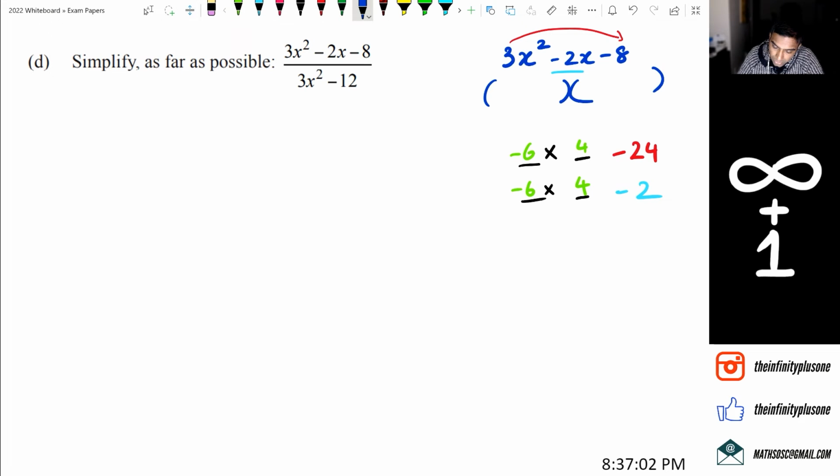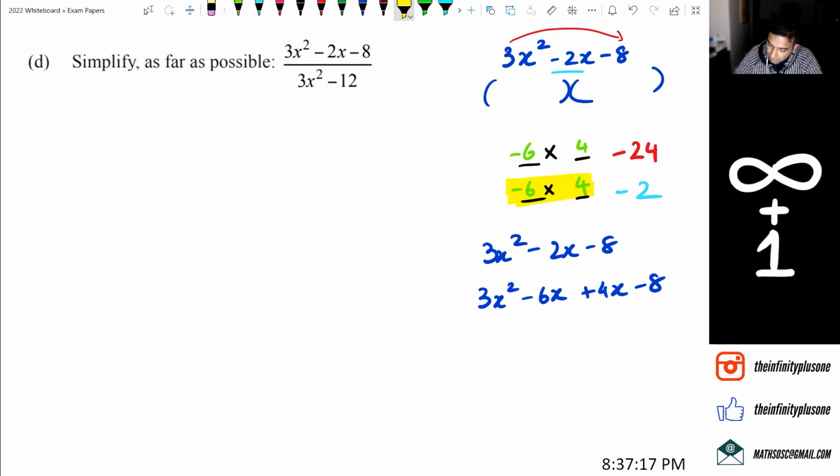So I'm going to rewrite 3x squared minus 2x minus 8 as 3x squared minus 6x plus 4x minus 8. Is this going to work? Yes. I've taken the minus 6 and 4 and put them in here. The next part is to split them into two parts and factorize them.